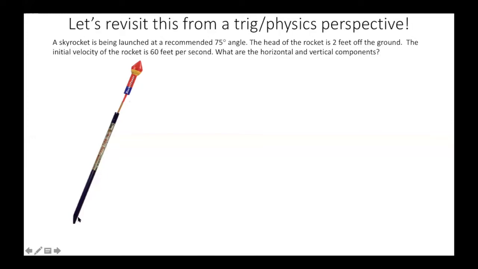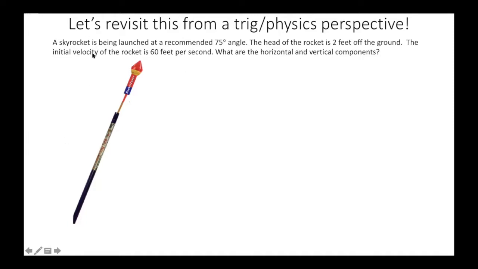It looks like we're shooting it out of a pipe. So the head of the rocket is 2 feet off the ground, and the initial velocity is 60 feet per second. What are the horizontal and vertical components of this?